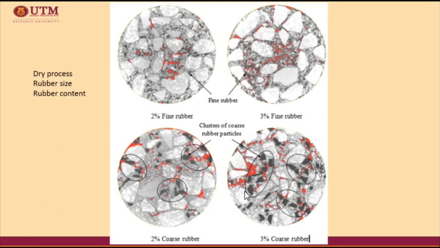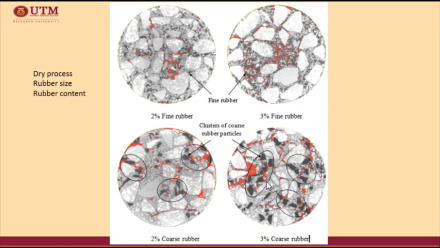From the images, the fine rubber particles appear to be well distributed within the mastic and around the aggregate particles, while the coarse rubber particles of the same content are clustered within the mixture. This is believed to be due to the comparatively easy mobility the small rubber particles have in comparison to the coarse rubber particles during laboratory specimen mixing and compaction.